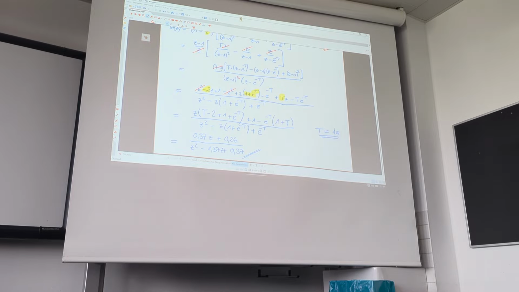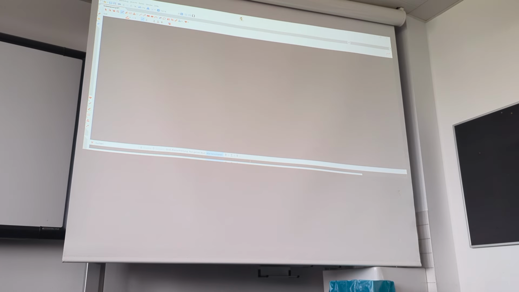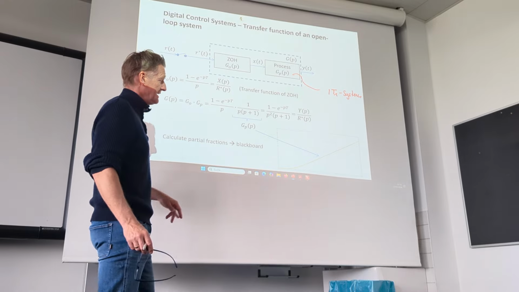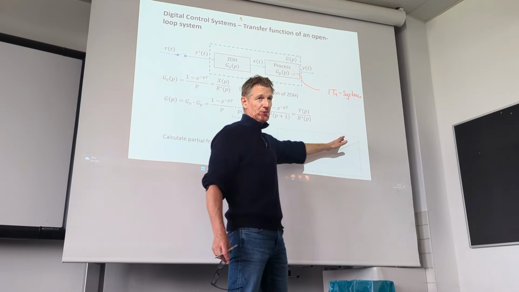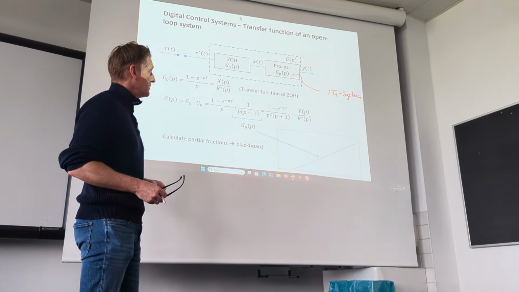Okay, so what do we do with this result, with this z transform? Let's have a look at the slides again. Okay. So what you see here in the bottom right corner of the slide is the step response for our process plant.